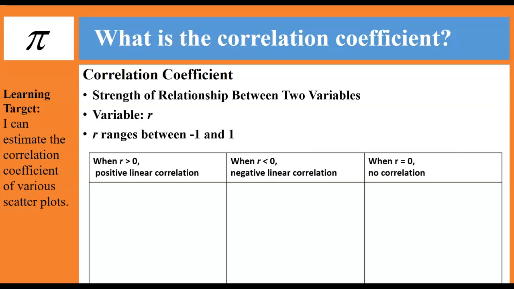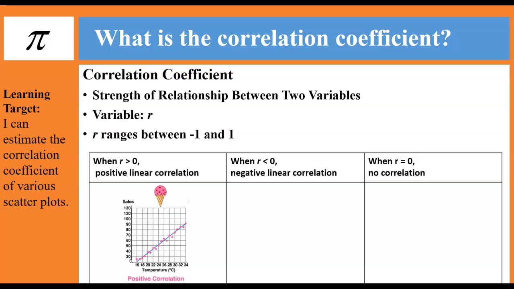There's really three different cases when we're looking at these correlations. One of them is when r is greater than 0. That's going to give us a positive linear correlation. For instance, take the sales of ice cream as the temperature gets hotter.